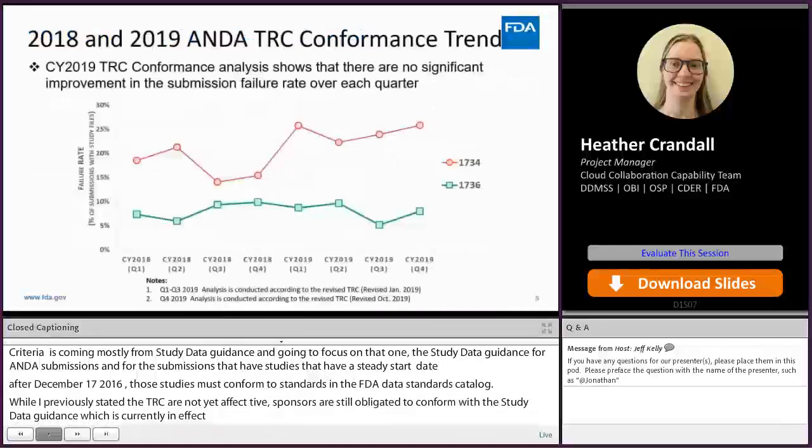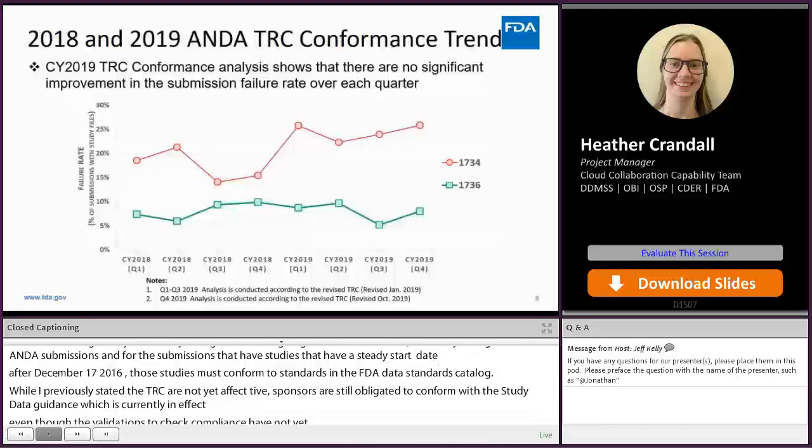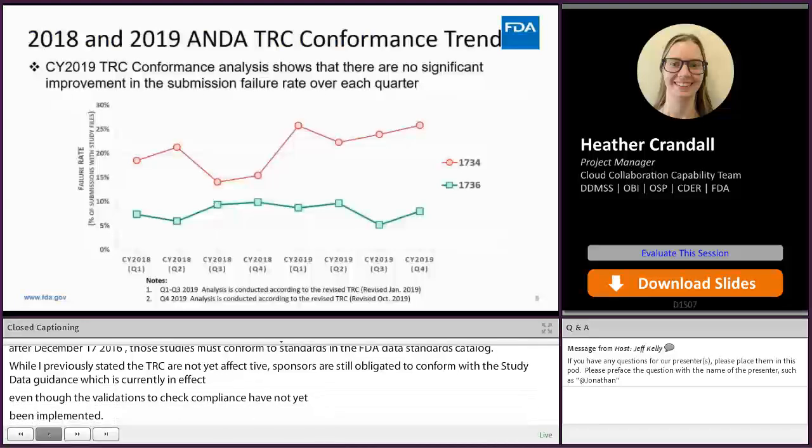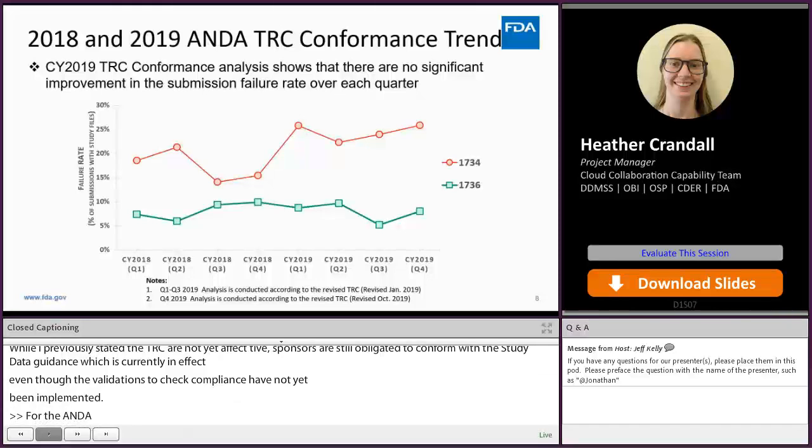So for our ANDA TRC conformance analysis, here is a brief trend line looking at calendar year 2018 and 2019. And you can see that there hasn't been significant improvement in the conformance analysis failure rate over this time period.